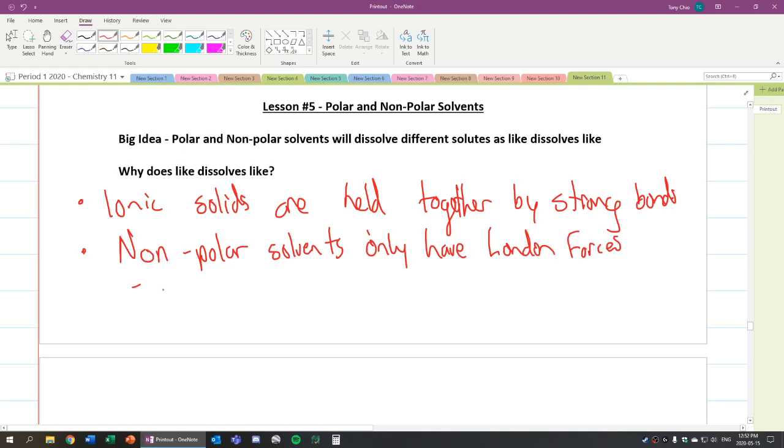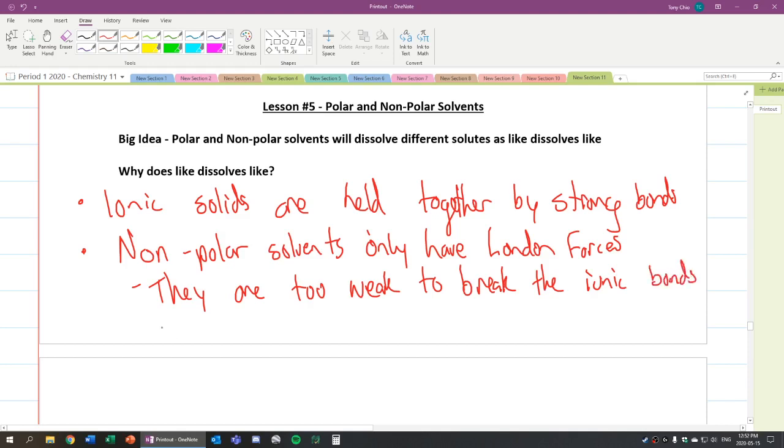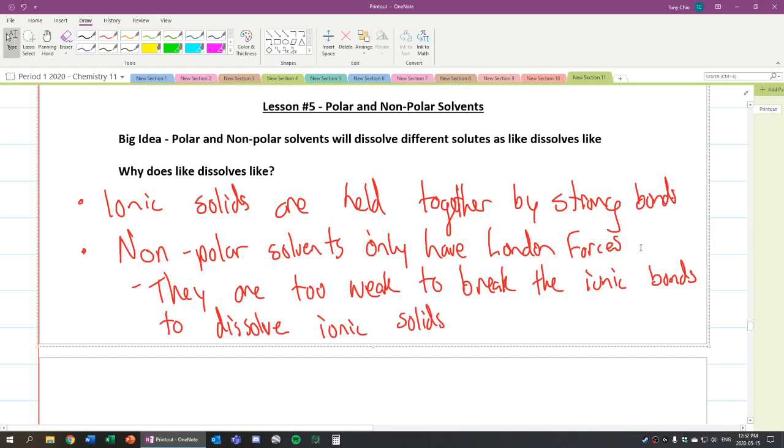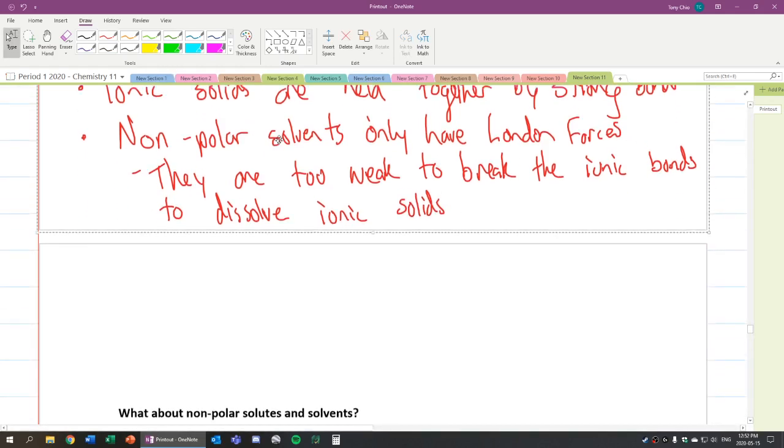And because of that, they are too weak to break the ionic bonds to dissolve ionic solids. Okay, so nonpolar solvents are just too weak.